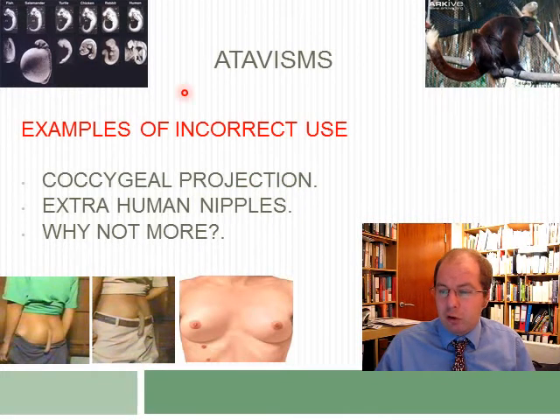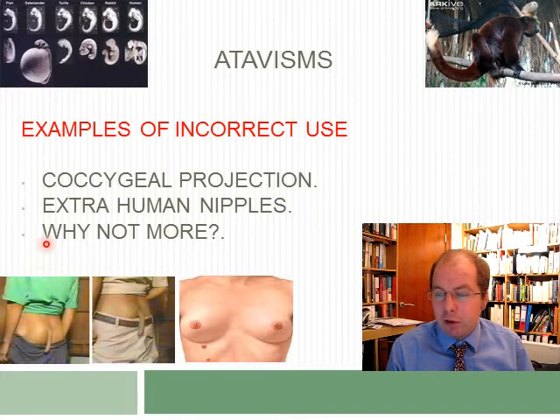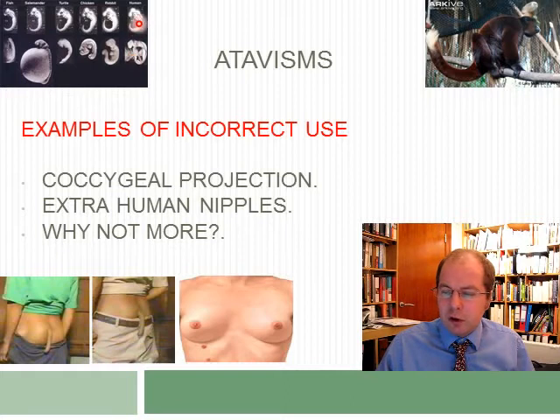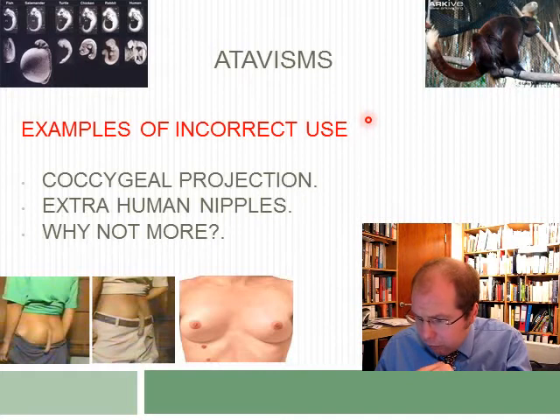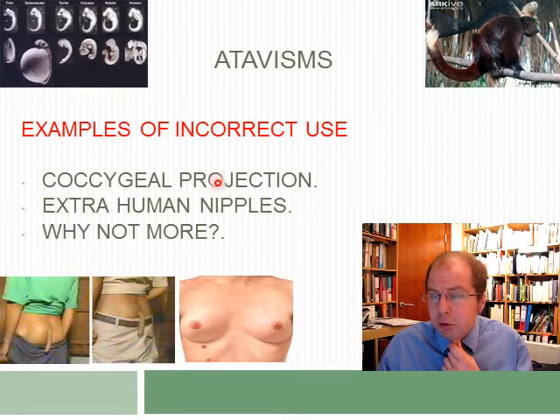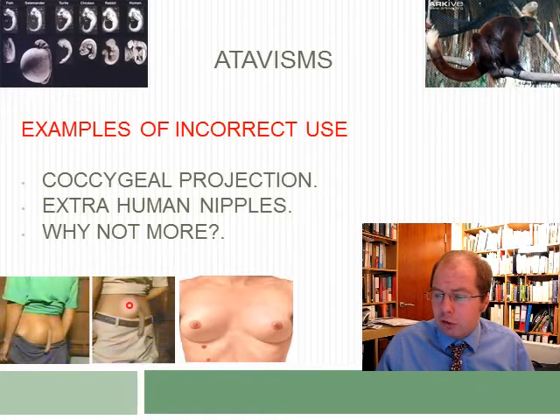the coccygeal projection. If you look at the human being and the development of the embryo, you see that it has the curvature of the spine and the tip, as it were, which becomes the coccyx. Now, you can see here from the human tail, and I've given two good examples there of the coccygeal projection.